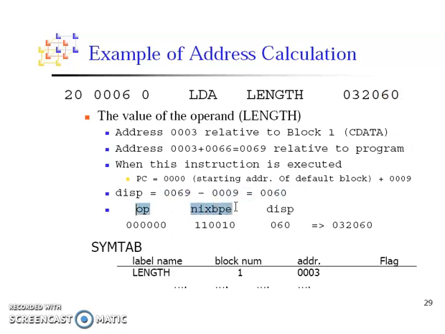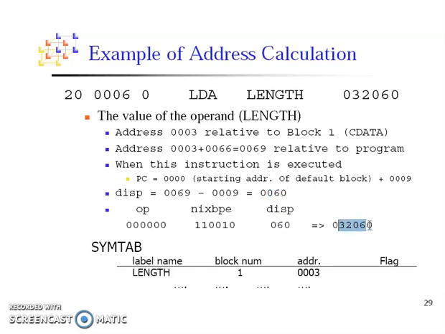For the format 3 instruction, the opcode takes the first 6 bits, and in NIXBPE, N and I will be set to 1, indicating simple addressing mode. It is program counter relative, hence P will be equal to 1, and the displacement obtained from the calculation is 060.